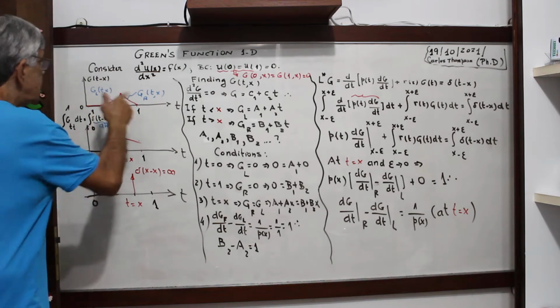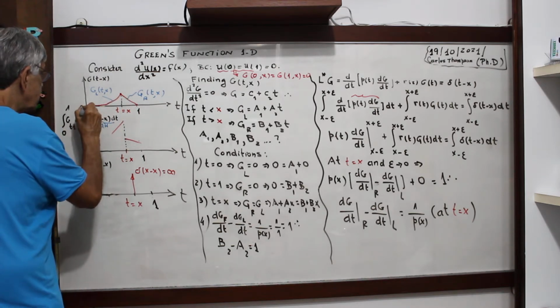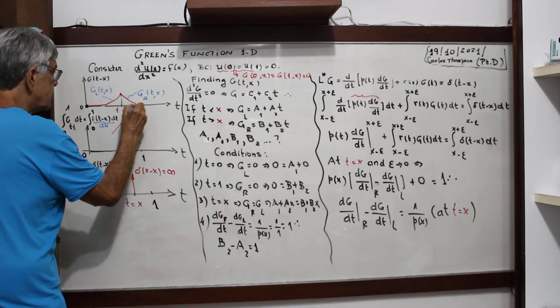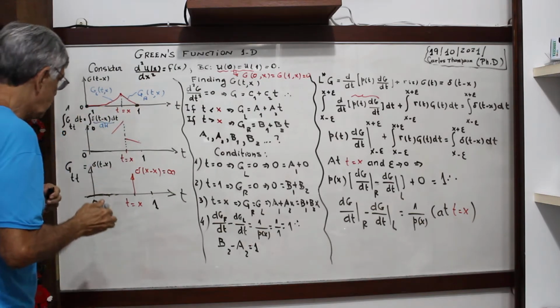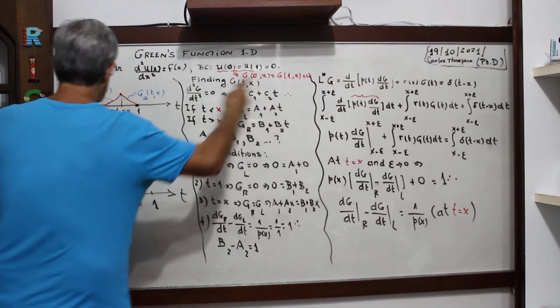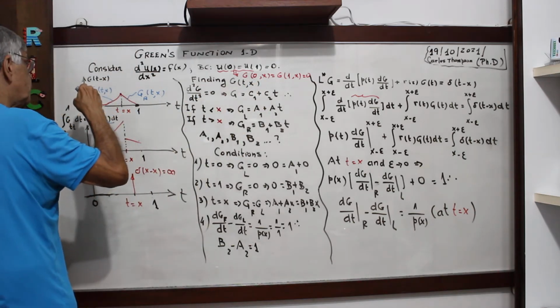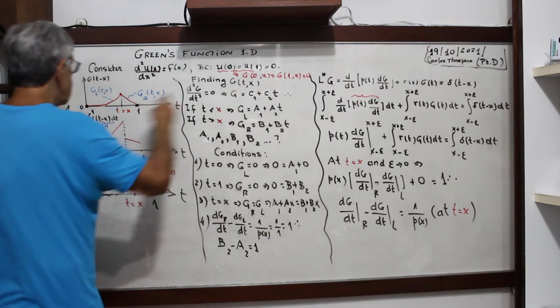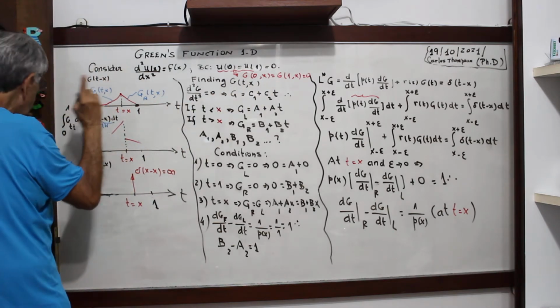You see, G satisfies, that's very important, at 0 and 1. When I plug the boundary condition at 0, I have to impose this condition on GL. That's important.